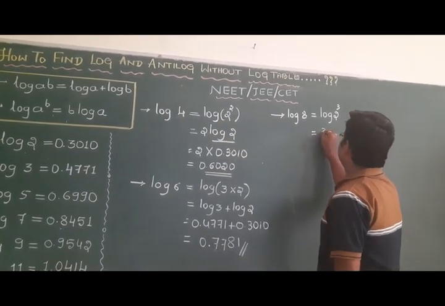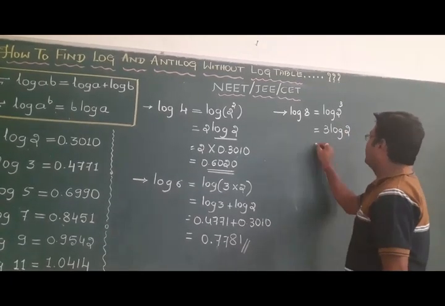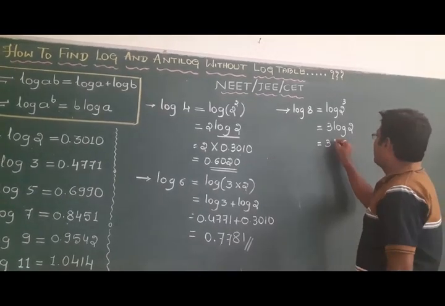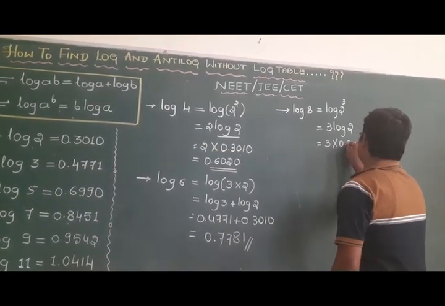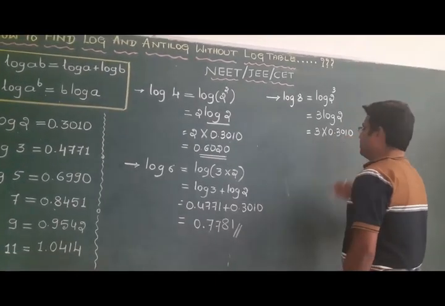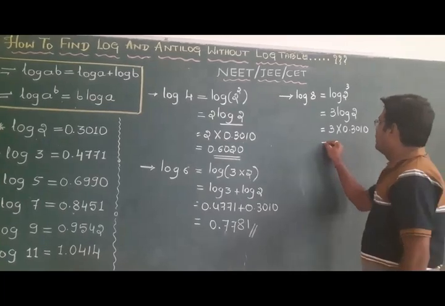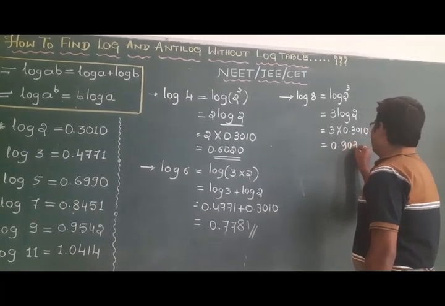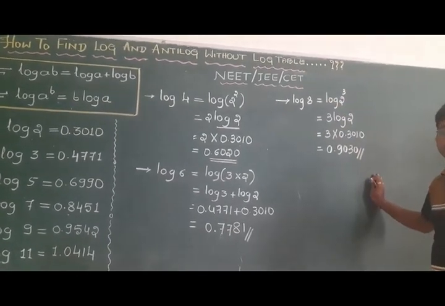So let us write 3 into log 2. You keep this 3 as it is, and log 2 you already know, equal to 0.3010. So 3 into 0.3010 is equal to 0.9030. This is the value of log 8.